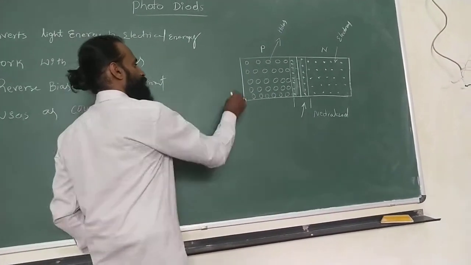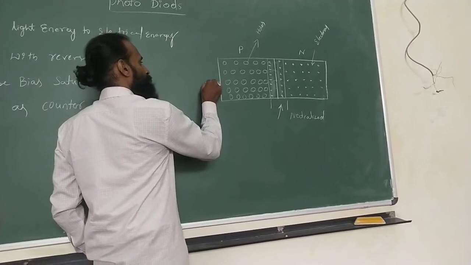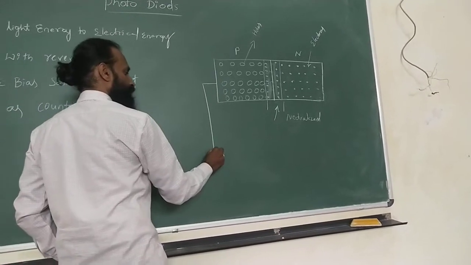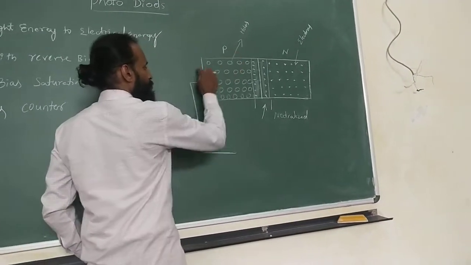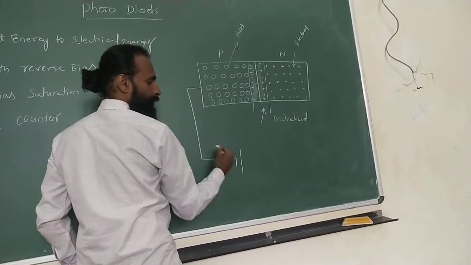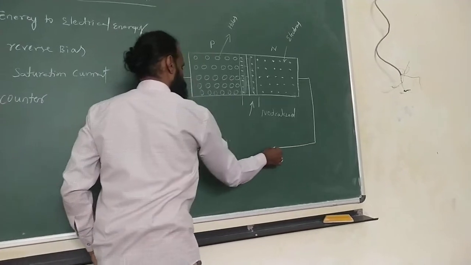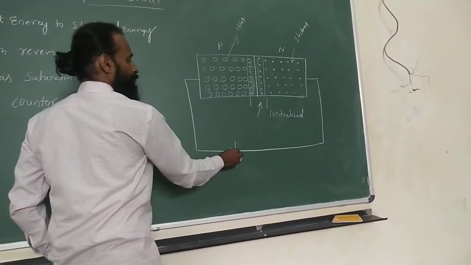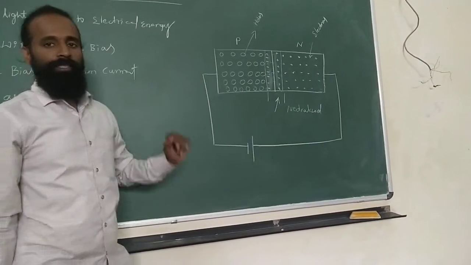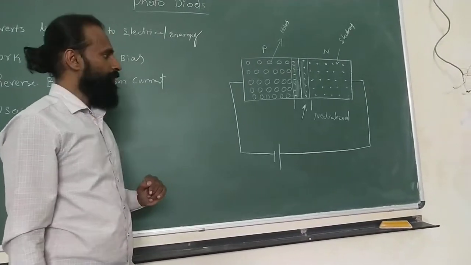Now suppose you connect the reverse bias to this PN junction. What happens? The P type is connected to the negative terminal of the battery, and the N type semiconductor is connected to the positive terminal of the battery. This connection is called a reverse bias connection.